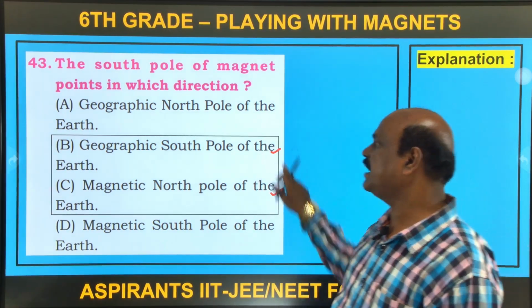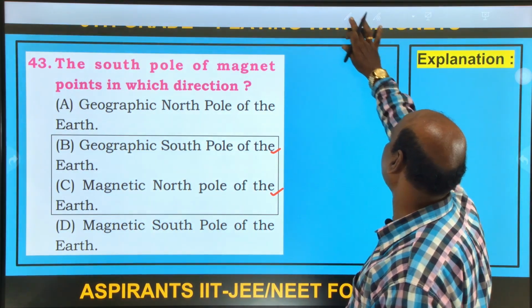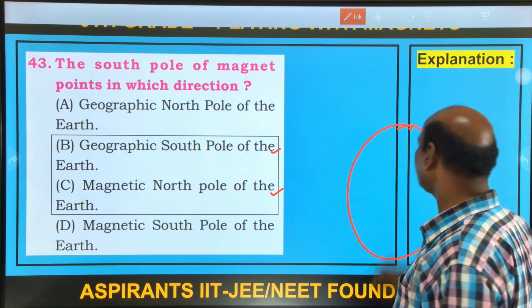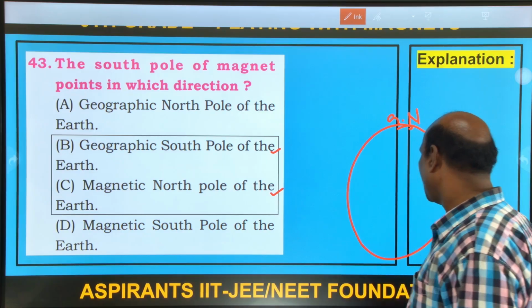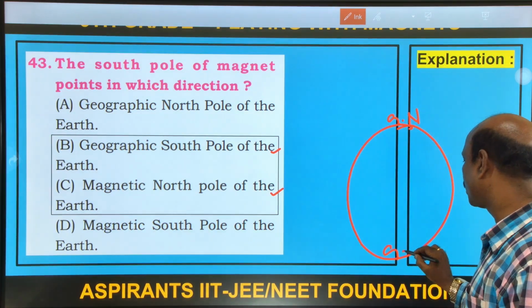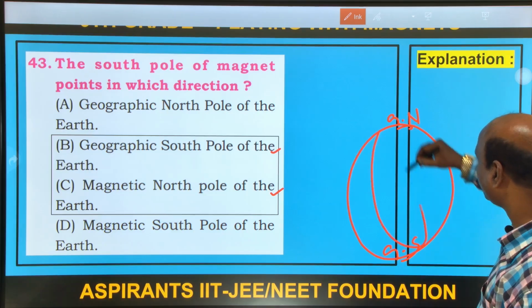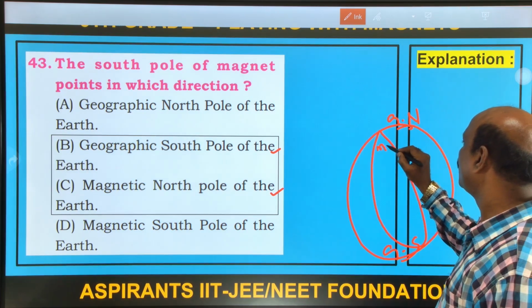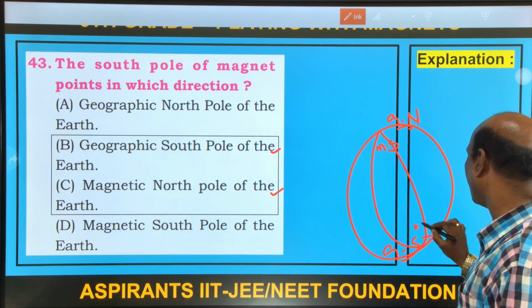So here you may have a confusion, so let me clarify for you. If you consider this is the earth, and this is geographical north and this is geographical south, then you know that the earth is acting like a magnet. If you take this as the earth's magnet, here you will have magnetic south and here magnetic north.